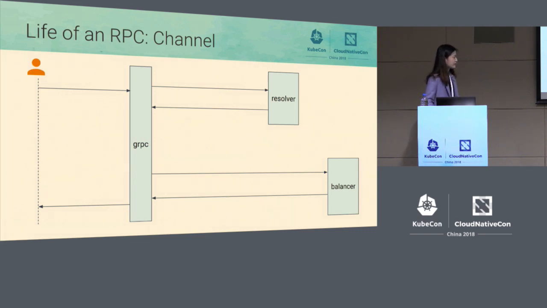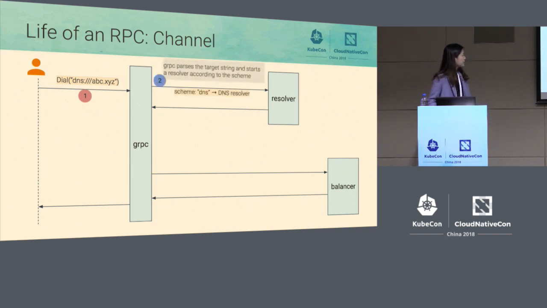Now let's look at the steps to create a channel. The user will call gRPC Dial to connect to the hostname, and it prefixes the hostname with the scheme that the hostname is following. Here we are using the DNS scheme. So when gRPC gets the Dial function call, it will parse the target string and start the resolver according to the string.